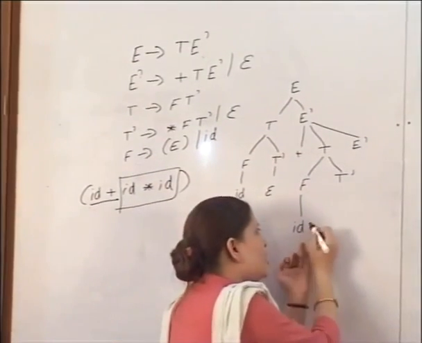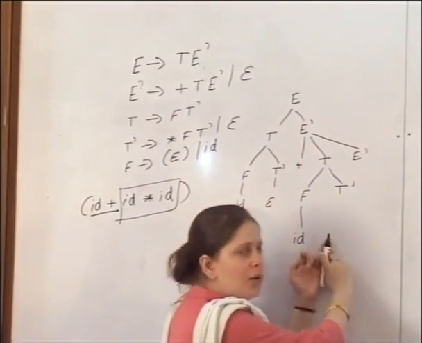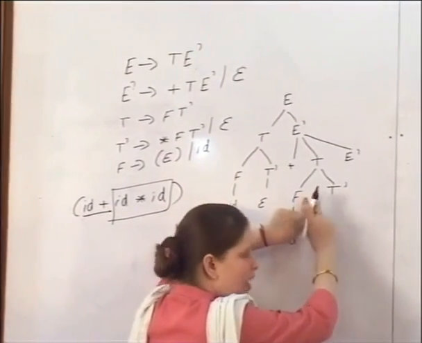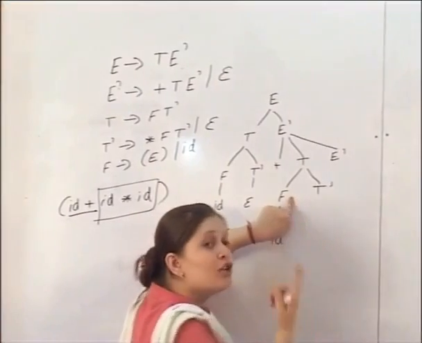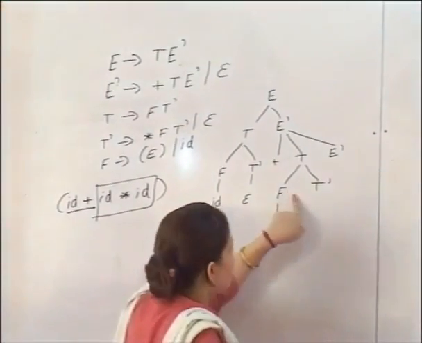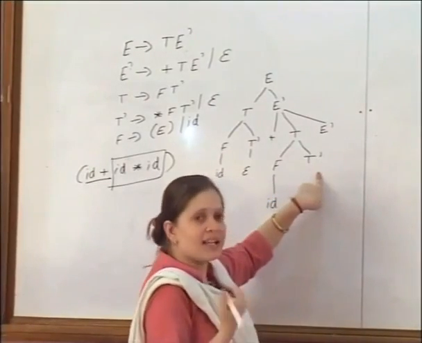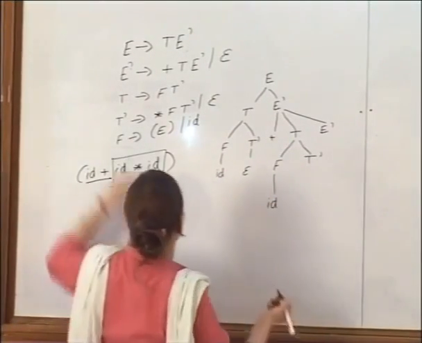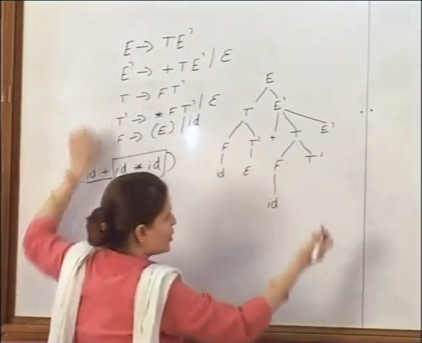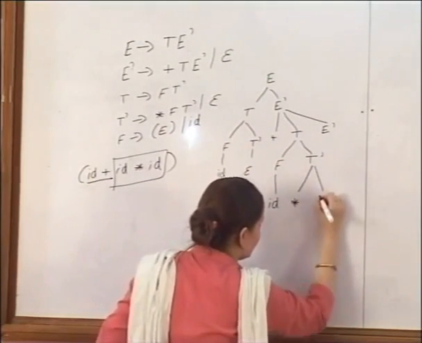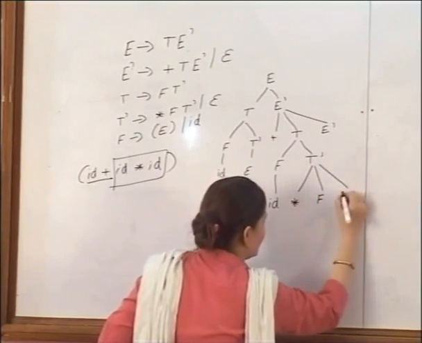As this identifier does not have any sibling node, we will backtrack towards its root node, that is capital F. This capital F is now searched for its respective sibling node. Its sibling node is T dash. So for this T dash, again as a non-terminal, we will expand its production as star F T dash. That means star F and T dash.